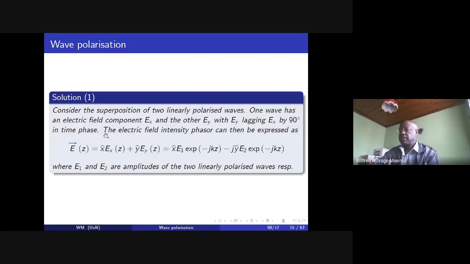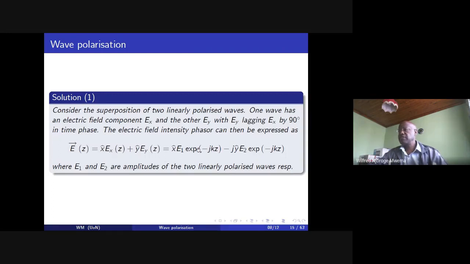degrees in time phase. That is, one wave component has only EX, so it's X polarized. The other one has only EY, so it's Y polarized. But the EY component lags the EX by 90 degrees. And therefore, the electric field intensity phasor will be the vector sum of the X cap EX and the Y cap EY.